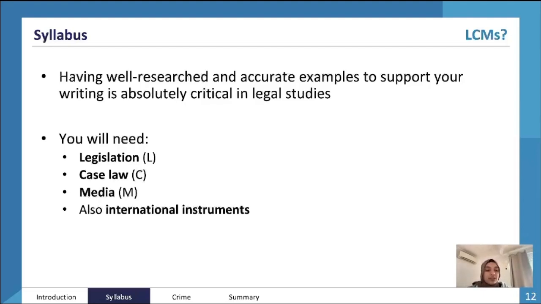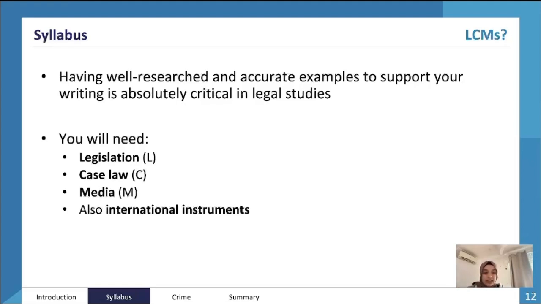You will definitely need these for your essays, and sometimes you may want to incorporate them into your short answer human rights answers, especially if they are 5 marks plus. You can have an example of a case, or mention a legislation or a media piece, but mainly legislation and case law can be helpful.